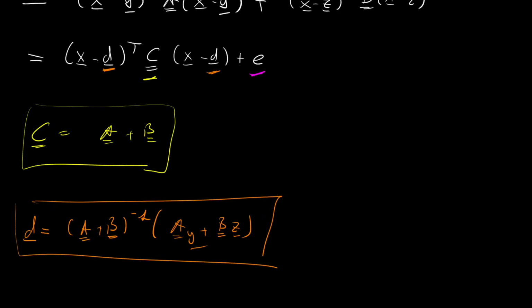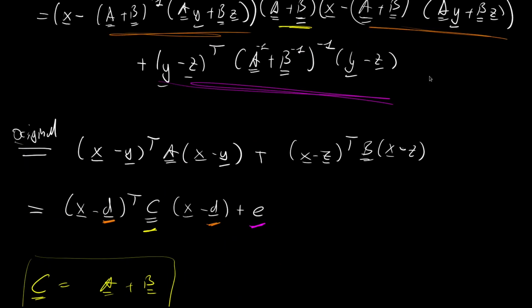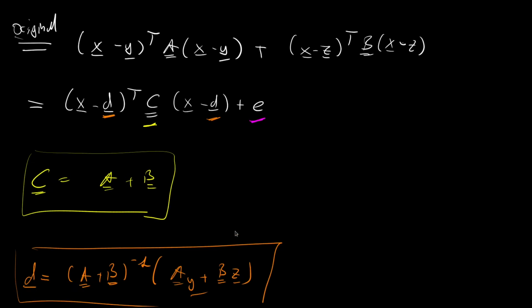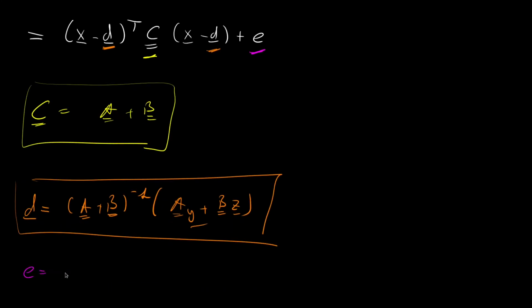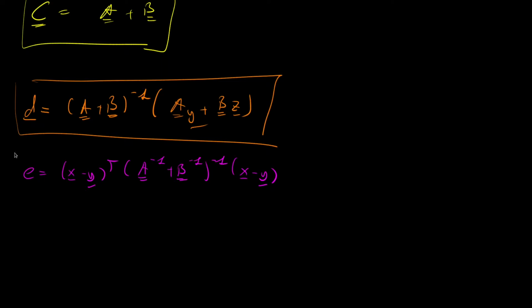And for the e, we will be having what we just derived with the really long simplifications, and we are having (x minus y) transpose of (A inverse plus B inverse) inverse of (x minus y). And this will be our last result.